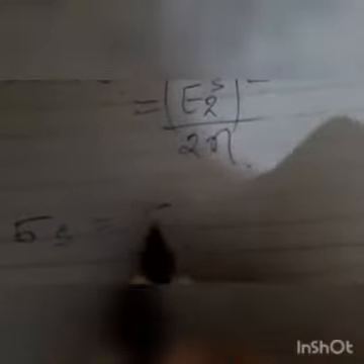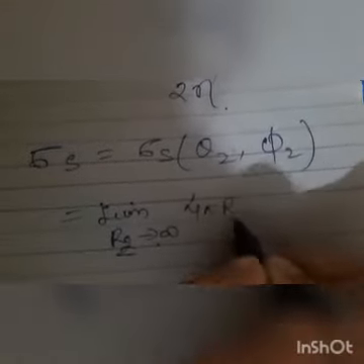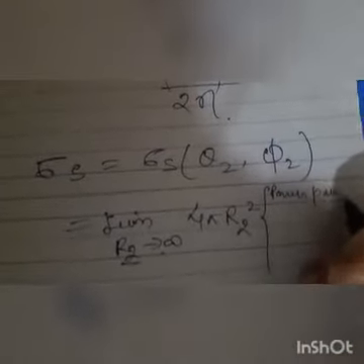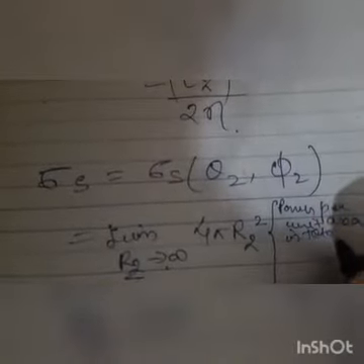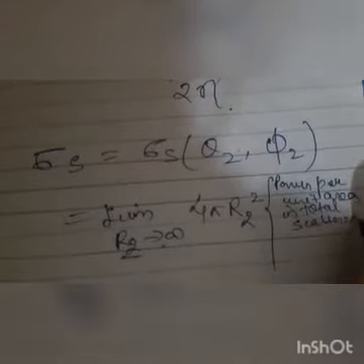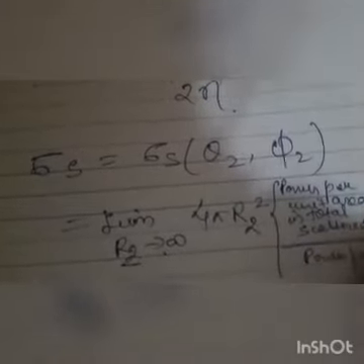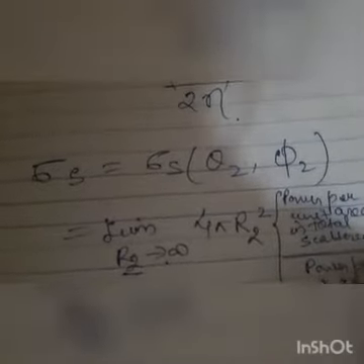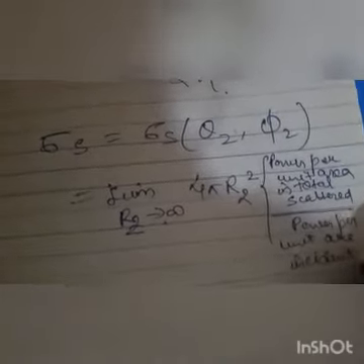So the radar cross section will be sigma s is equals to sigma s theta 2 and phi 2 is equals to limit r2 tends to infinity, because we are talking about the scattered wave. So 4 pi r2 square power per unit area in total scattered upon power per unit area in incident wave.